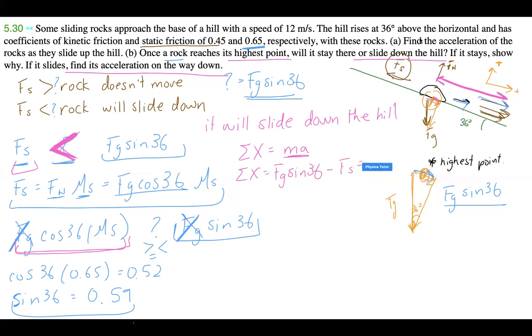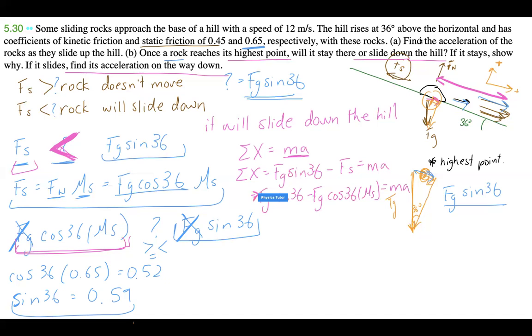That is equal to ma, mass times acceleration. So Fg sine 36 minus Fg cos 36 mu s is equal to ma.